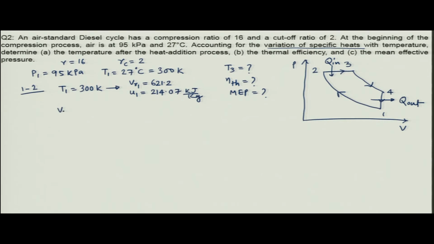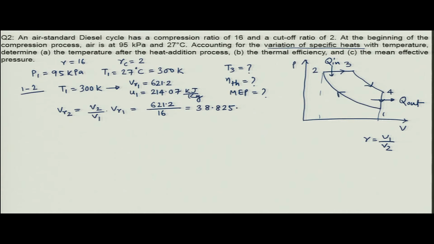VR2, the relative volume at point 2, should be equal to V2 upon V1 multiplied by VR1. VR1 is 621.2 and V1 by V2 is your compression ratio, r equal to V1 upon V2, which is basically 16. So, we can find VR2, and VR2 is 38.825.